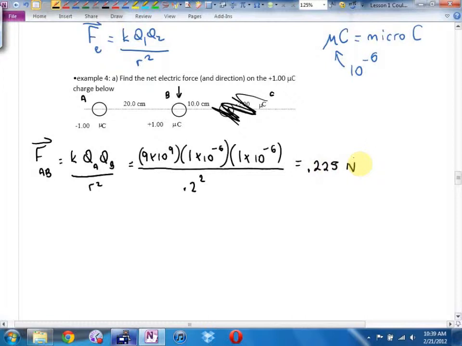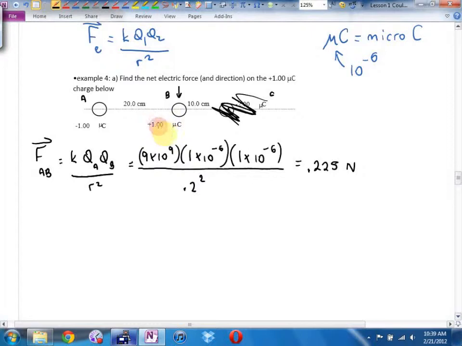Which direction? Well, again, imagine invisible angels are holding all three of these charges in place. Which way would this charge here want to move if he could, based on what this charge is? This charge, negative or positive? What about this one?